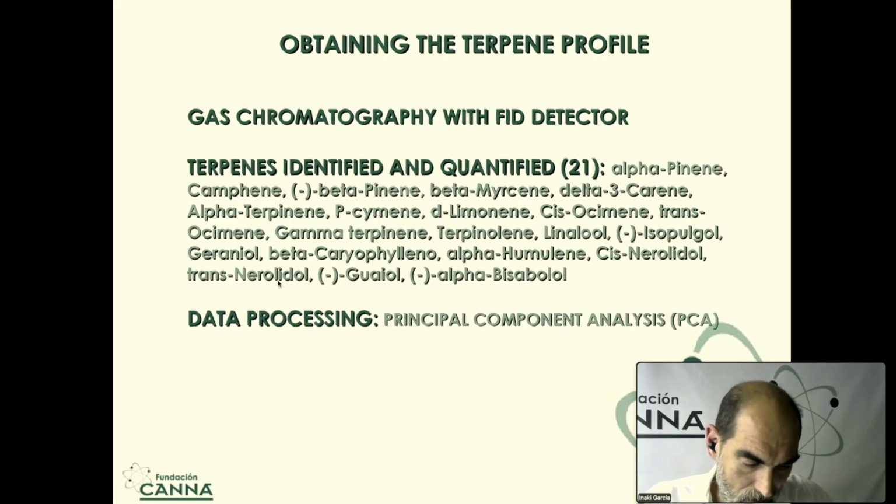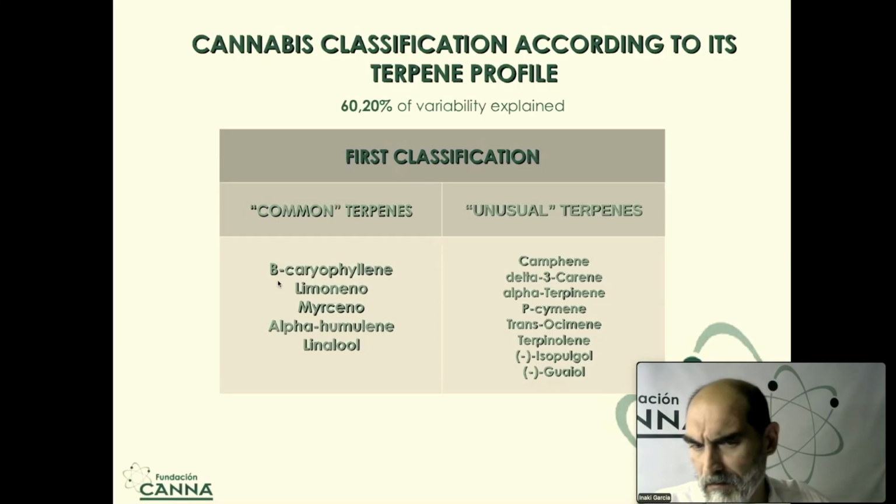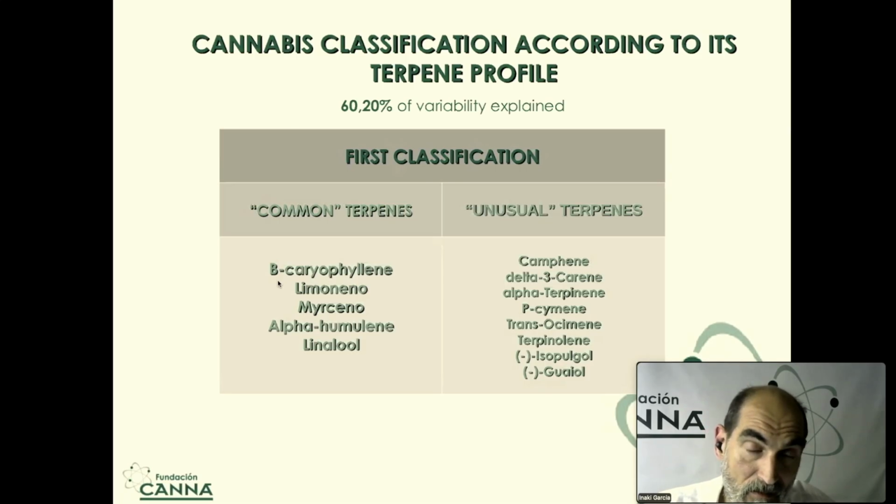Okay. So, applying this statistical tool to the 76 samples, I think, the first thing that the statistical tool told us is that 60% of the variability of the plants is explained by this first classification. What is this classification?